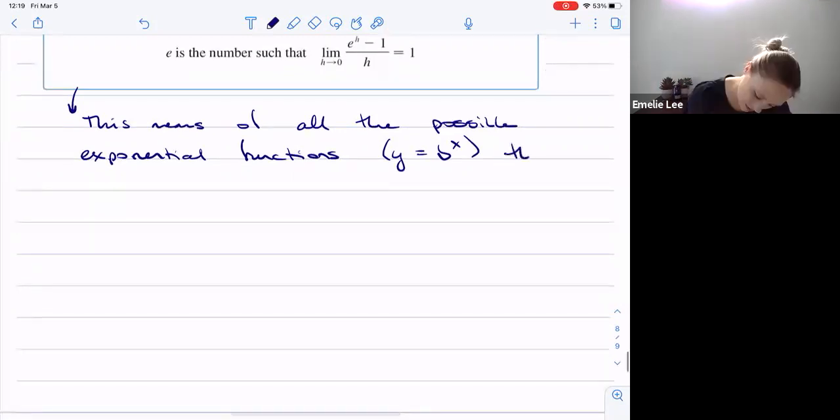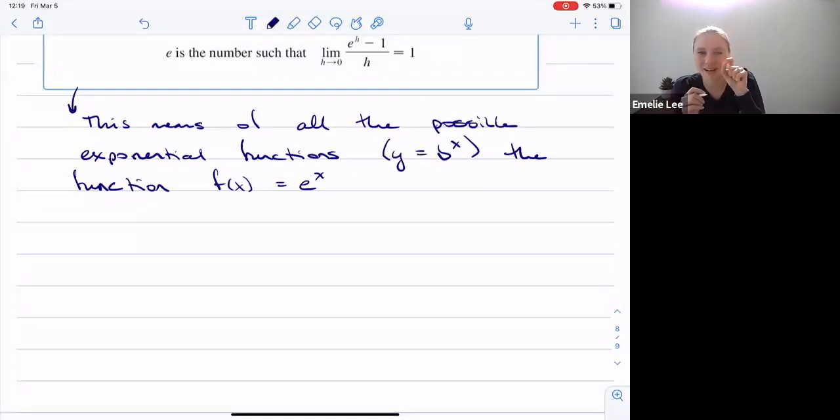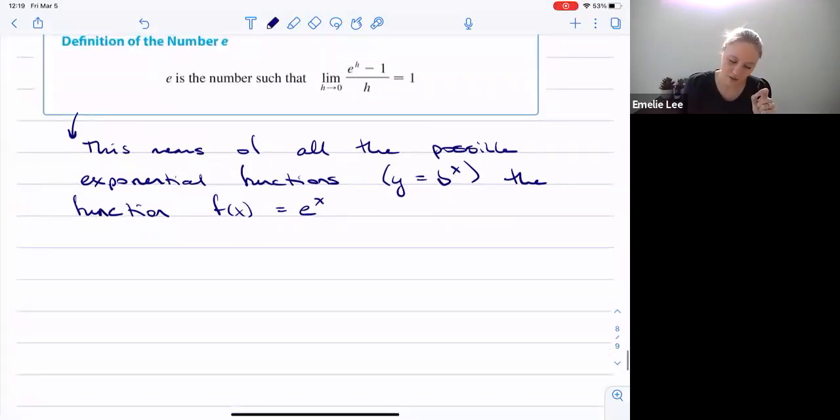The function f of x equals e to the power of x is the one whose tangent at 0, 1. So remember, the graph of e to the x goes through the y-axis at 0, 1. And what this is saying is that at 0, 1, the slope is also 1. That's a special property, and that's why we like e to the x so much.